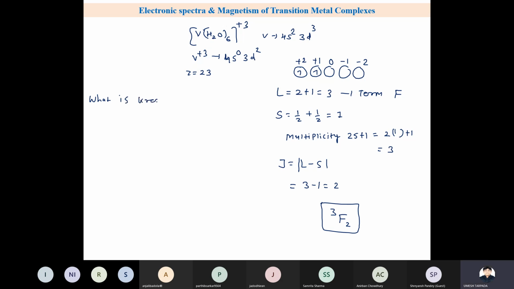What is the ground state term symbol for nitrogen? Let's see, which term will come for nitrogen?